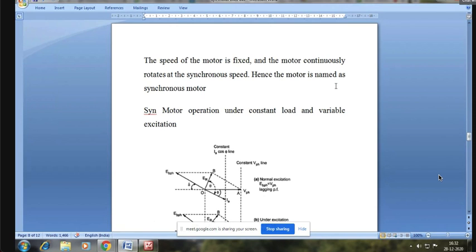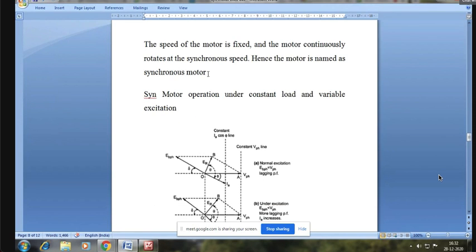Hence, the motor is named as synchronous motor. Any doubt here? So this is the operating principle of synchronous motor, why it becomes pulsating initially, and what is required to make it unidirectional, and why it is called synchronous motor. Any doubt? I can answer.